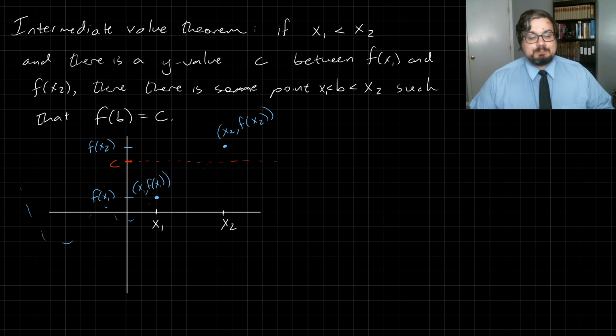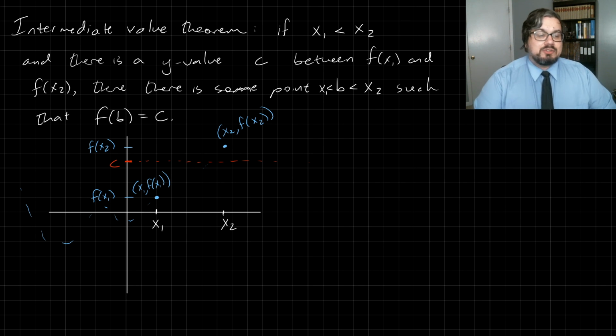So we've got the general situation sketched out here, where we've got x1 and x2 on the x-axis, and let's say that we've got the 2 blue points noted here, and we know that the output of the function at x1 is some value, f of x1, and the output of the function at x2 is some value, f of x2.